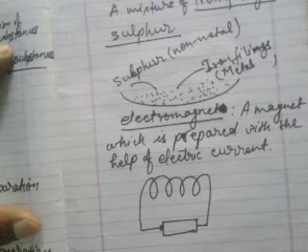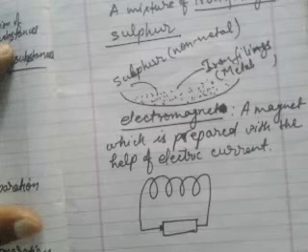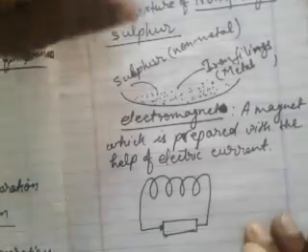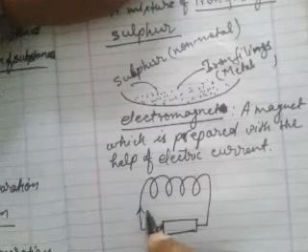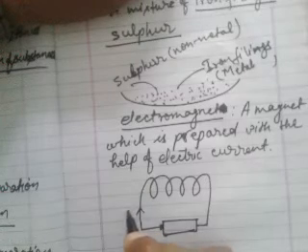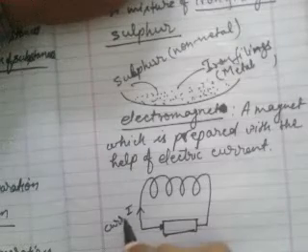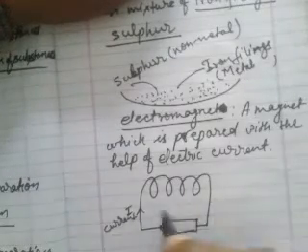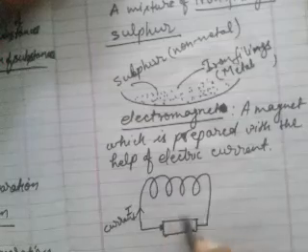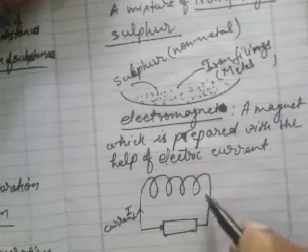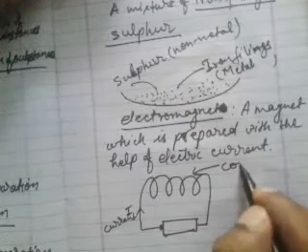The current is denoted by the letter I. A current flows inside the turns of wire, which is called a coil.